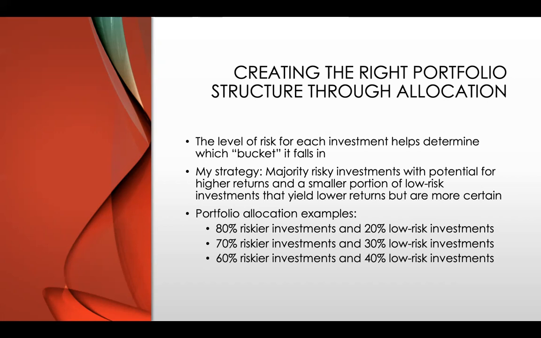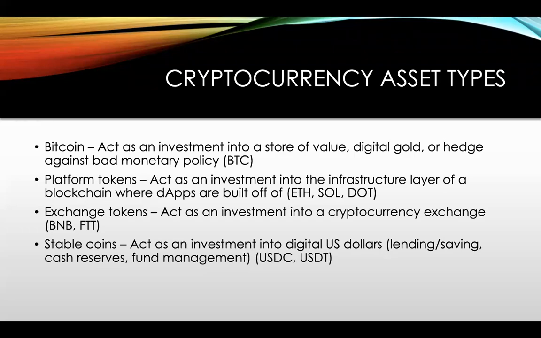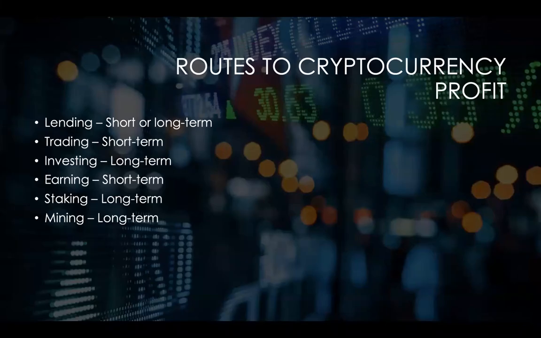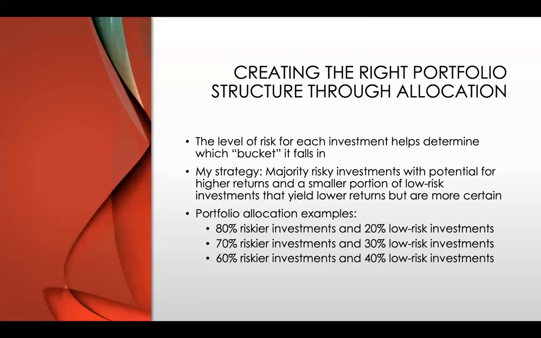So when you're thinking about crafting the right portfolio structure, now that we've talked about the different routes to cryptocurrency profit and the different asset types, say I'm thinking about doing staking, investing, and trading. You're going to do some research on which asset types you want to go into, and then think about the allocation percentages.